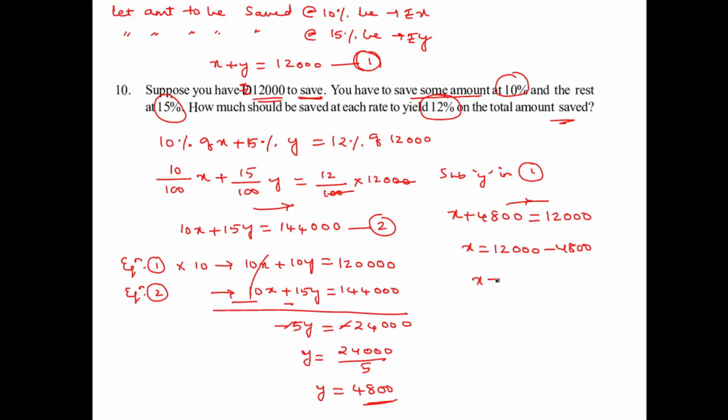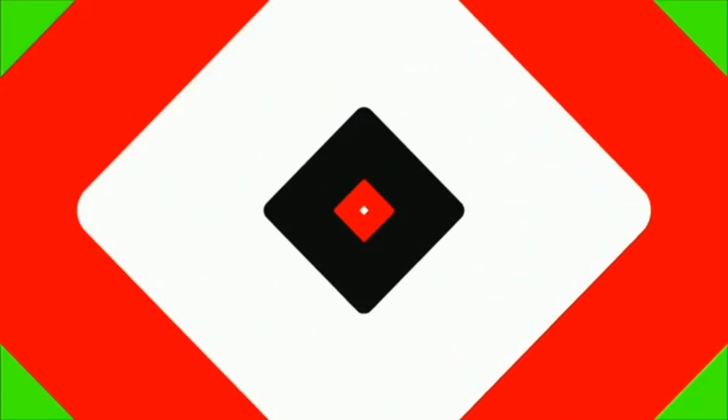So x is equivalent to 7,200 only. So therefore, what is saved at 10% is nothing but rupees 7,200. What is saved at the 15% is 4,800 rupees. Hope this is clear, right?